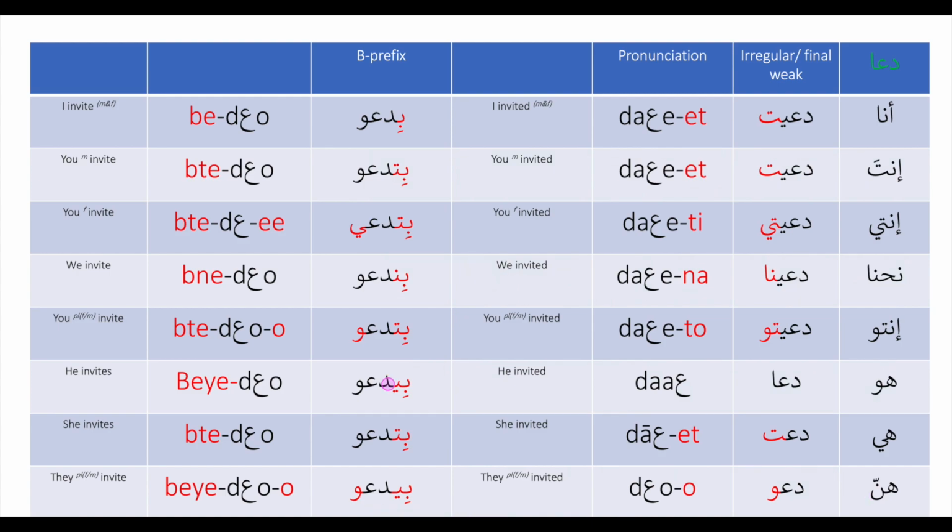Couple of notes to write down. Similarly to the final weak E root, the R gets replaced with a wow, and it gets completely replaced with a suffix if that verb has a suffix. And it happens, this verb is an U root.